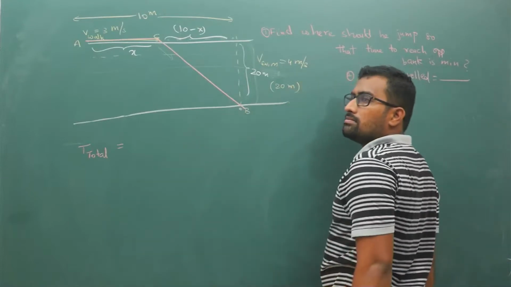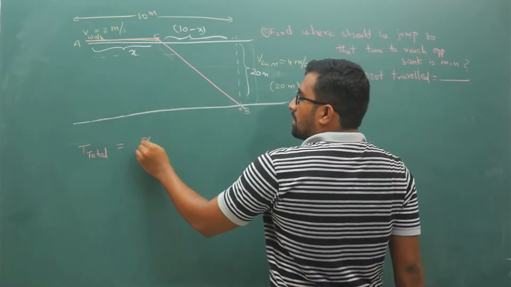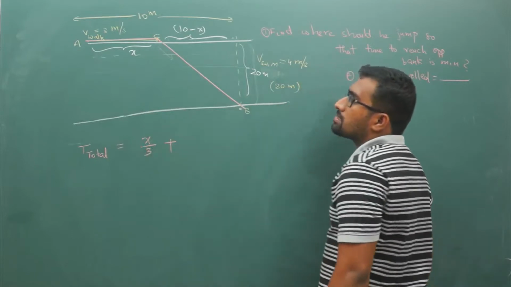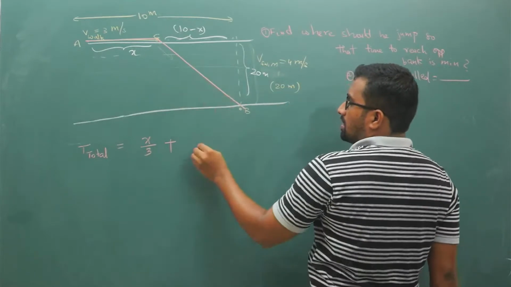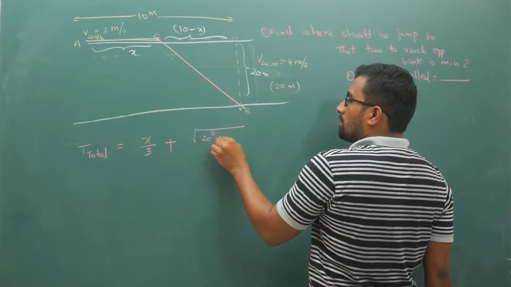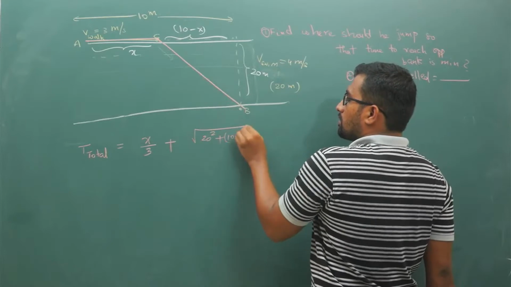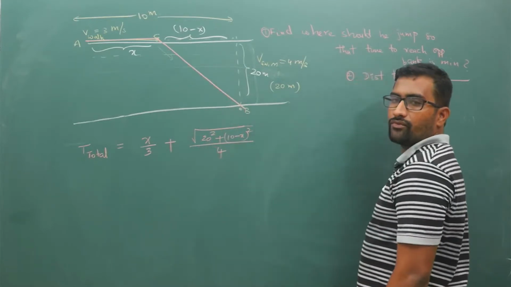So your time to walk is x by 3, plus the time to swim, which is under root 20 square plus 10 minus x whole square, the hypotenuse, divided by 4, since inside the water he is able to travel with a speed of 4.